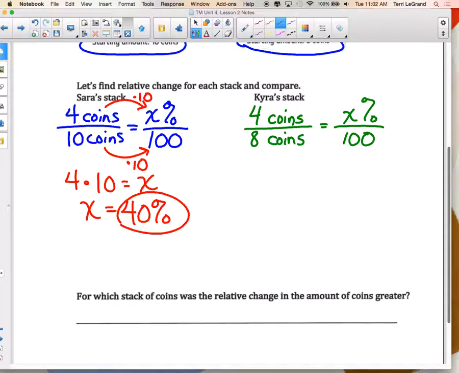Is this one friendly? It is, huh? You know what 8 times gives you 100? What times 8 gives you 100? Me either.